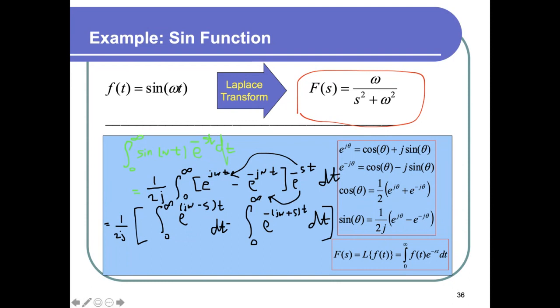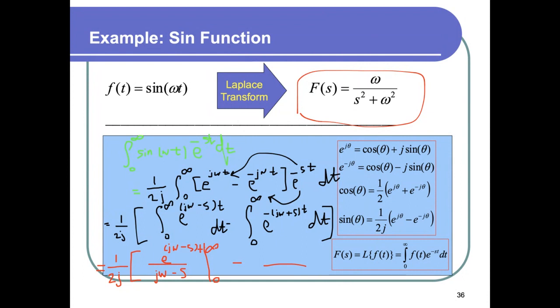Now we can integrate that easily, right? So this is equal to what? Again, I have 1 over 2j. This integral with respect to t is just I divide by j omega minus s, and we have the same exponential, j omega minus s times t, evaluated from 0 to infinity, minus, similarly here.